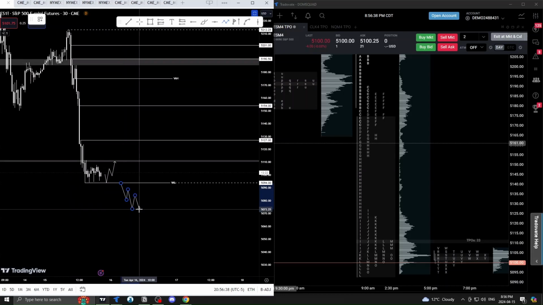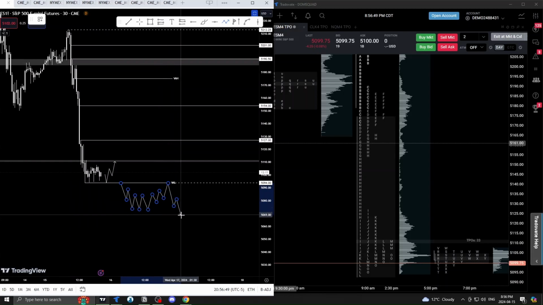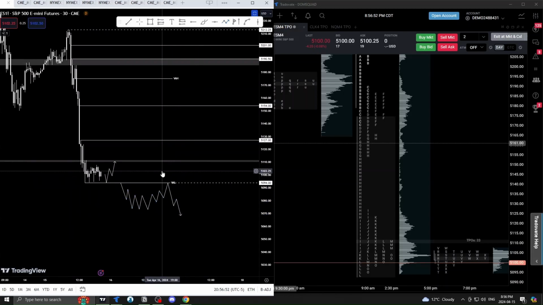If we can see price accepting lower prices, something like this, I'd consider getting in short here, at least finding a short bias in and around this area, and then confirming it with order flow, watching the DOM, depth of the market, reading the tape, and also watching the cumulative delta to see who's in control at this level, and the absorption that happens in and around this area.